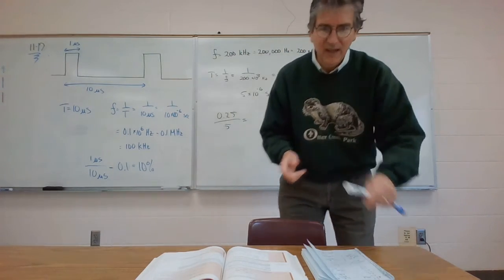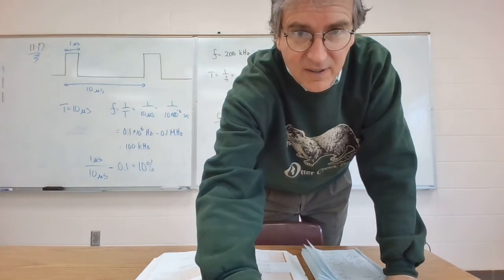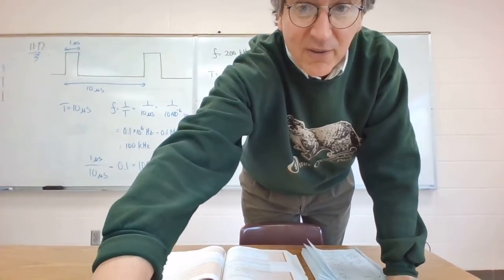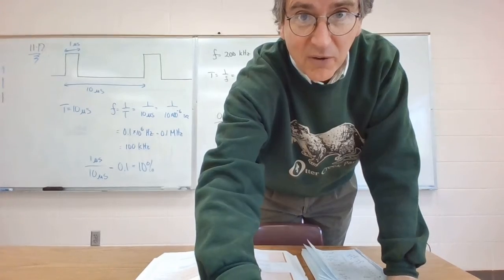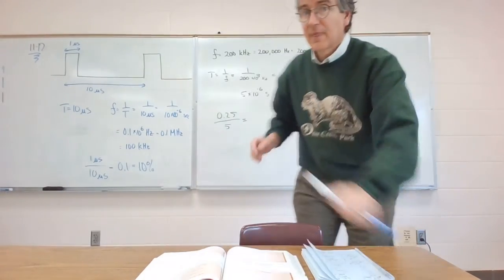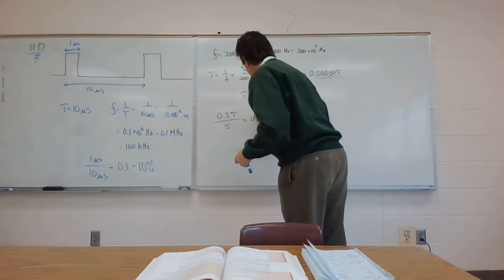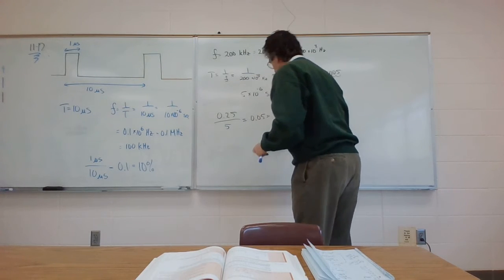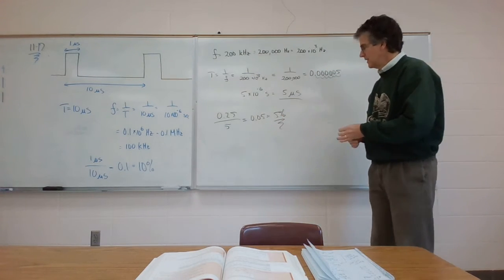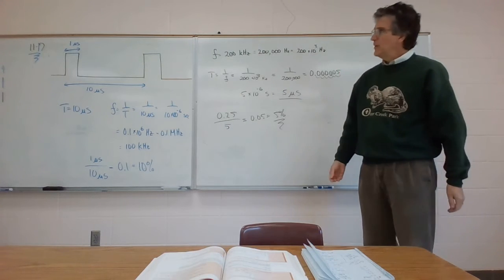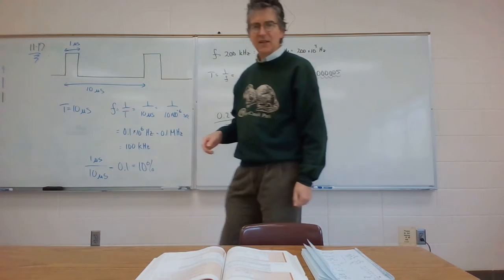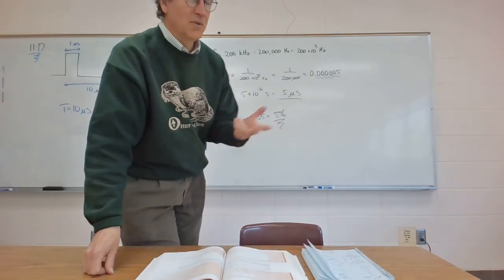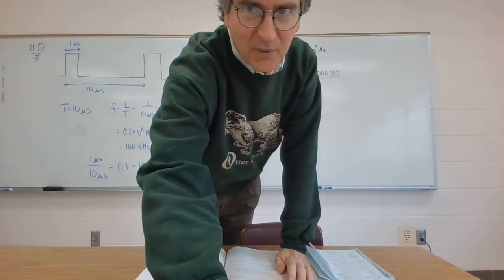Put that into my calculator also. 0.25 divided by 5 is 0.05. So that's 0.05, which is a 5% duty cycle. So that's example 11-17, and I'll check it in the back of the book. And then I probably better only do one more, or you are going to get way sick of watching this video.